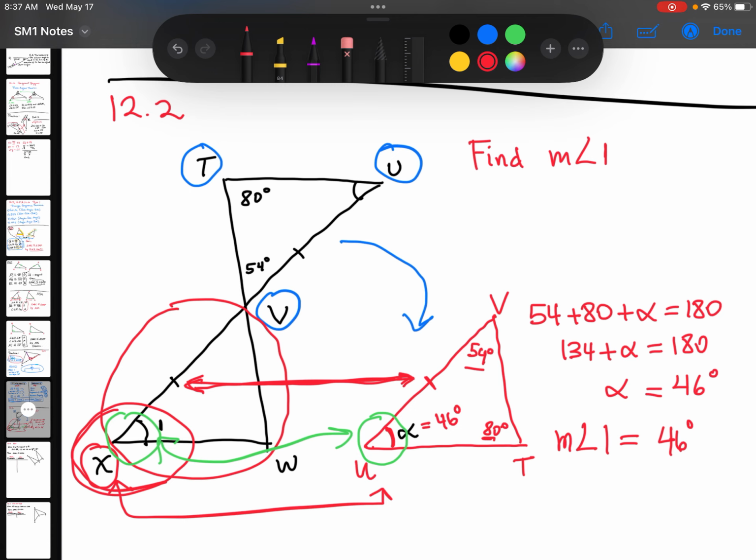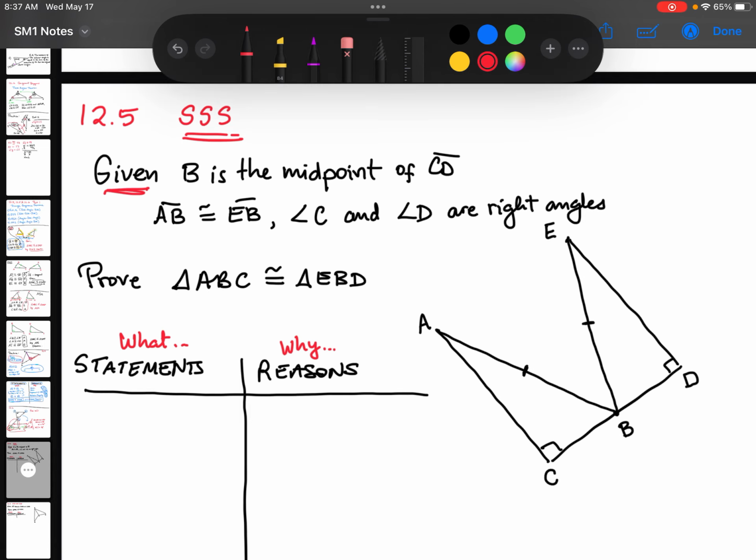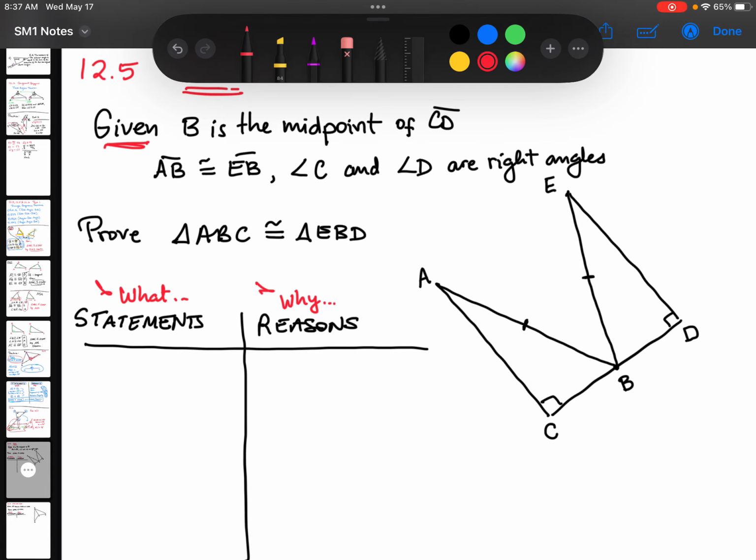Now, let's move on to 12.5, and we're going to deal with the theorem SSS this time. Givens, remember, information we are provided with and we can easily use as our reasons, okay? Remember the what and the why. So if you look at this diagram, B is the midpoint of CD.